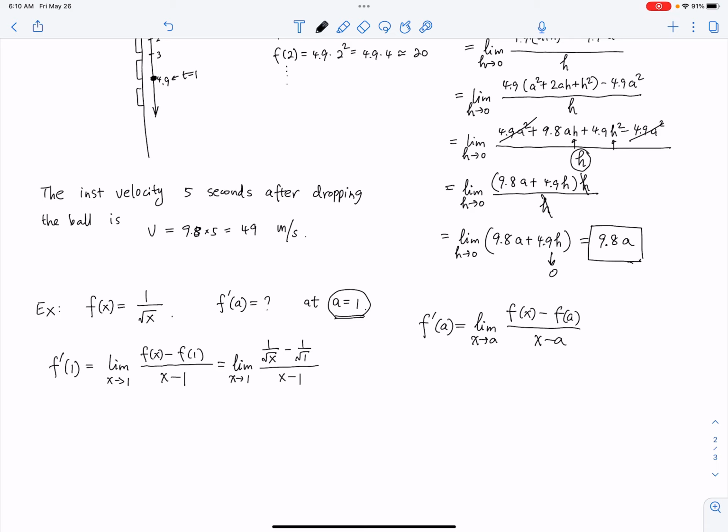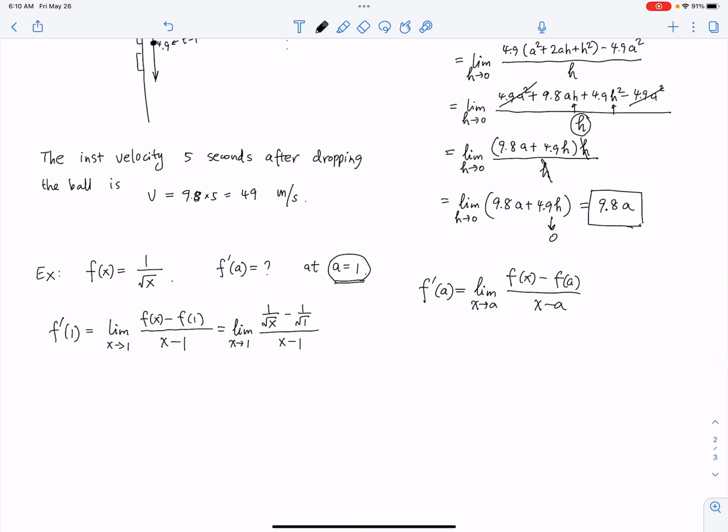Try to do some cancellations and hopefully get some nice numbers. And all right, how do we do that? You have this quotient on the top, all right? And we don't really like quotients, so let's try to get rid of this square root of x and square root of 1. So yeah, square root of 1 is 1.